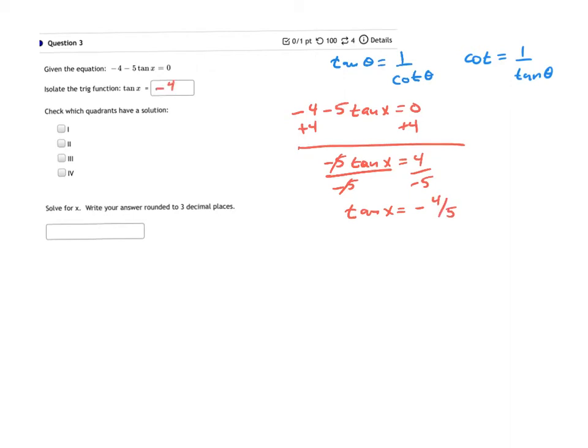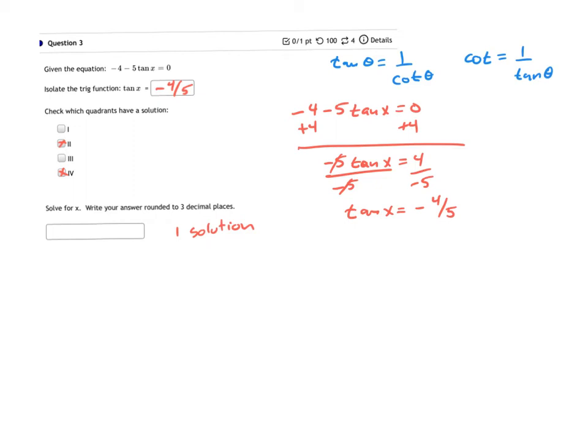So that's what's going to go in this box here. Now, tangent is negative in the second and the fourth quadrant, so it could be in either of those. However, since tangent only has a period of pi, I'm only going to ask that you give one solution for tangent. So whenever we're doing tangent, we only do one solution.